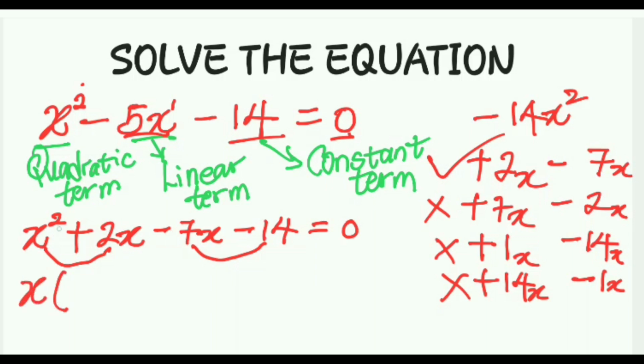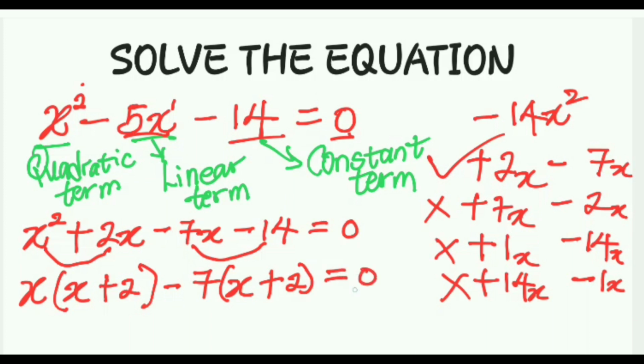Open the bracket. x squared divided by x, we have x left. Plus 2x divided by x, we have plus 2 left. Close the bracket. Bring out the sign, minus. What is common here? 7. Open the bracket. Minus 7x divided by minus 7, we have x left. Minus 14 divided by minus 7, that is plus 2, equals 0.